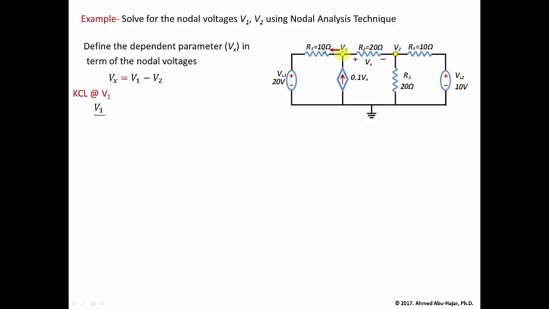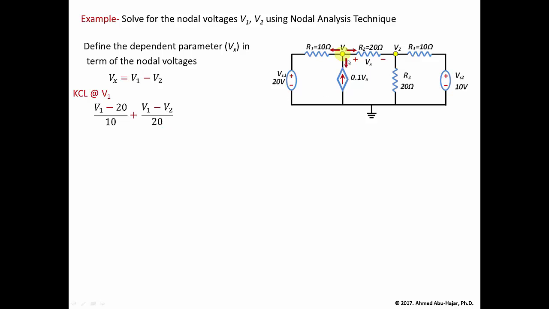So the current is going to be V1 minus 20 over 10. And then we are going to add the current going through this branch, which is going to be V1 minus V2 over 20 ohms.